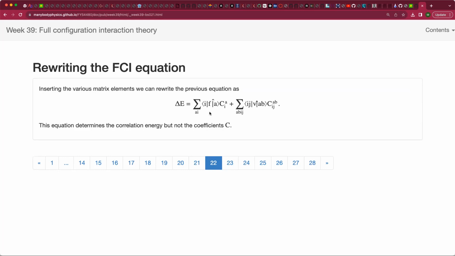And then we have the one-body part, which comes from the kinetic energy and an eventual external potential. And then we have the two-body term here, where we can plug in the explicit matrix elements, or integrals, which is a more correct way of saying it. But we sloppily are going to call this just matrix elements.